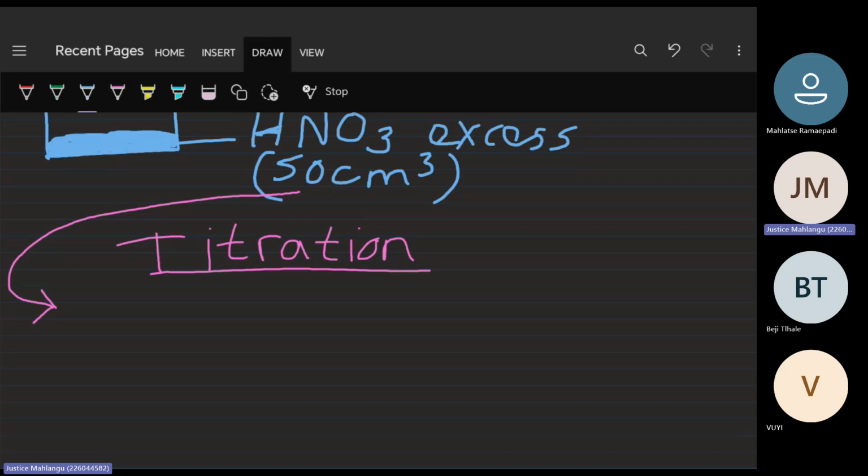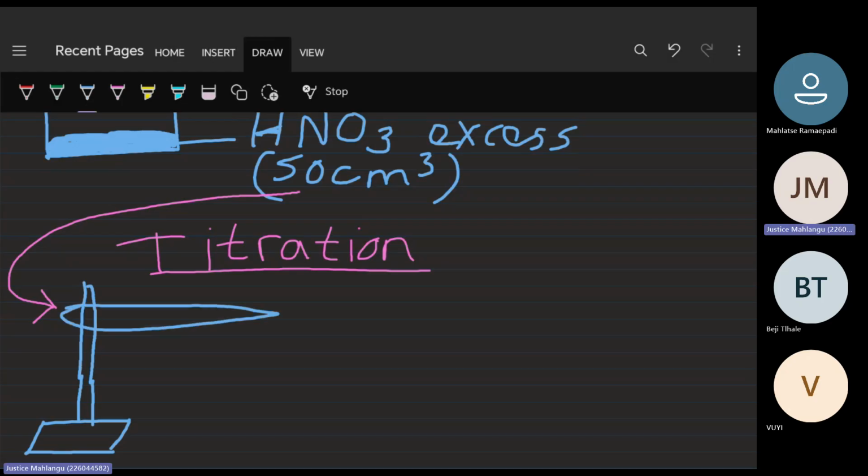In titration, I showed you that there can be a burette stand here. You don't have to draw all this in the exam, but it's going to help you answer the questions.